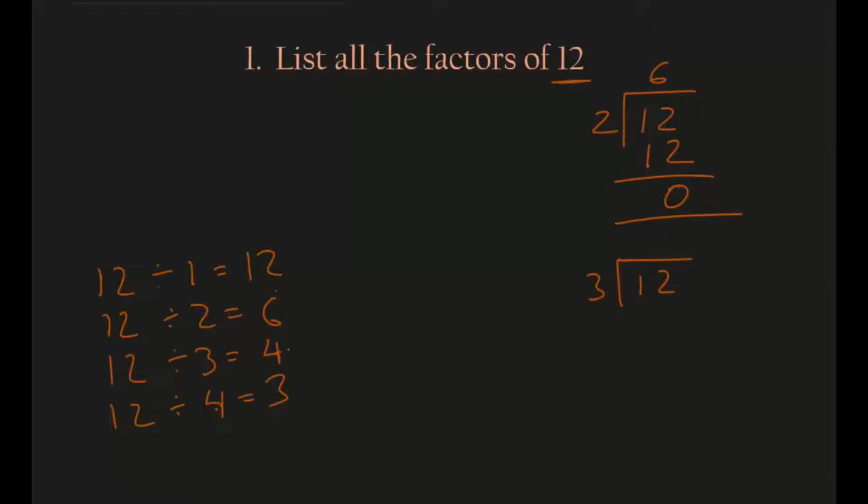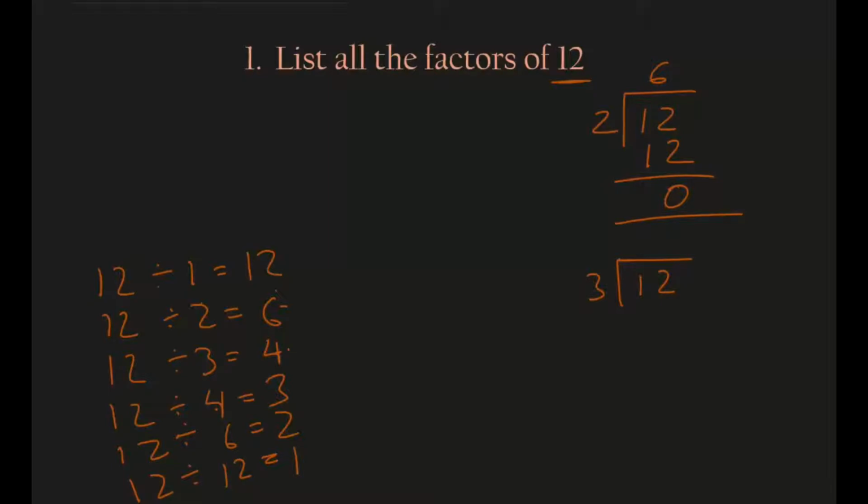Then we obviously can't do 12 divided by 5. So we're going to do 12 divided by 6. Over here, we got 6, and that means here we would get a 2. Or if you want to make it hard on yourself, you can do 12 divided by 12, which equals 1.